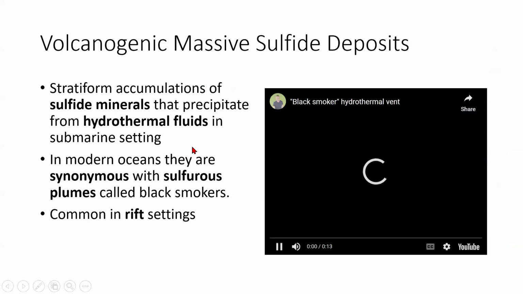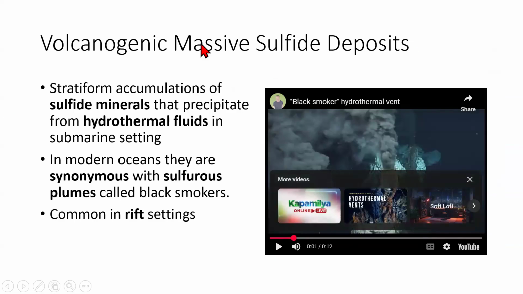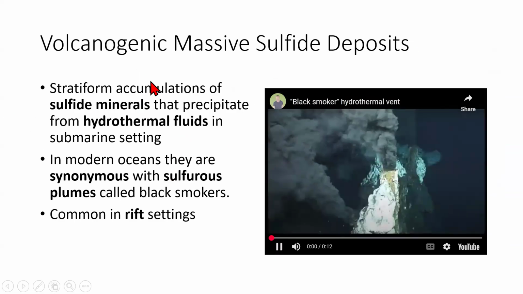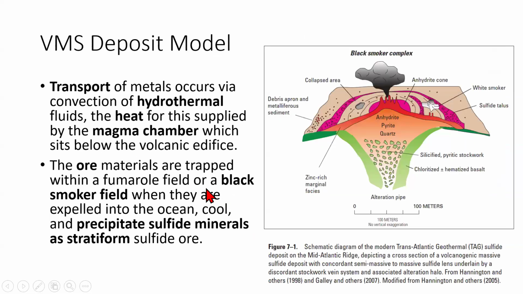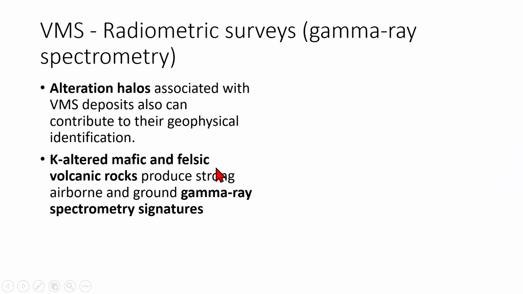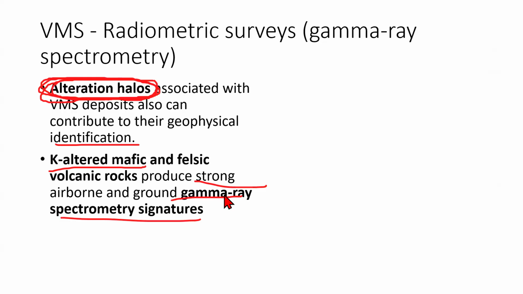You also have radiometric methods being used for mineral exploration, for example, VMS. Most of the time, alteration halos or altered parts of the deposits can produce strong radioactive signatures, especially if you have potassic alteration.